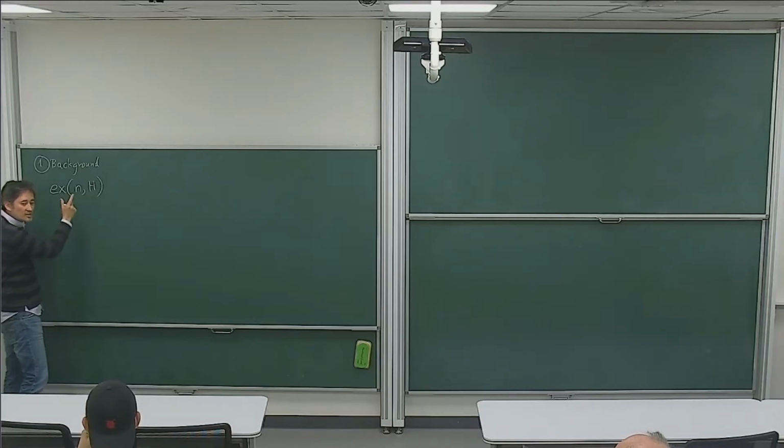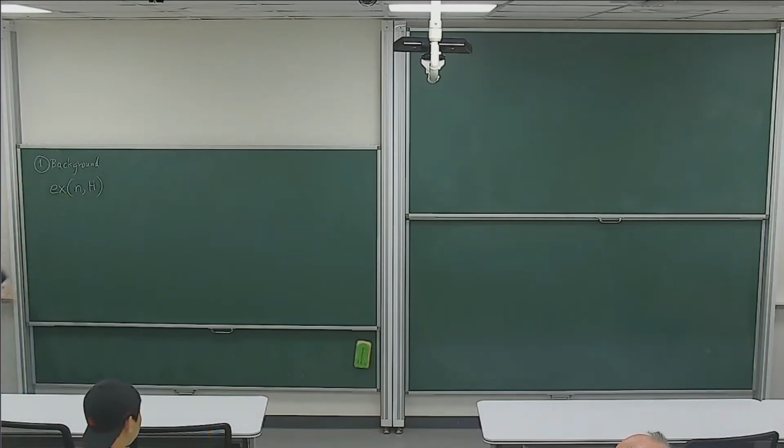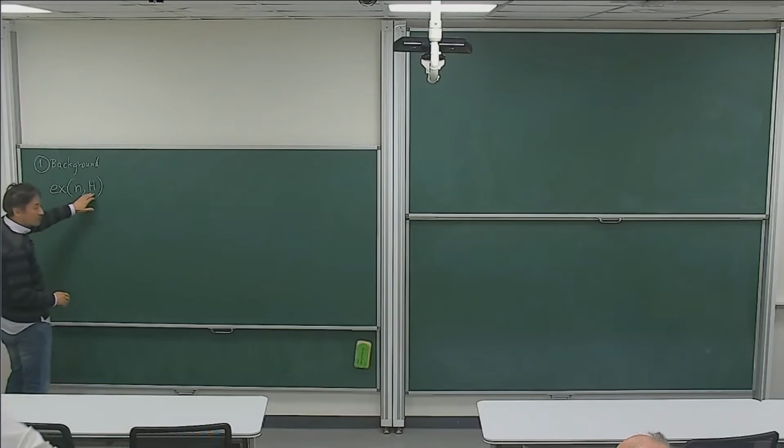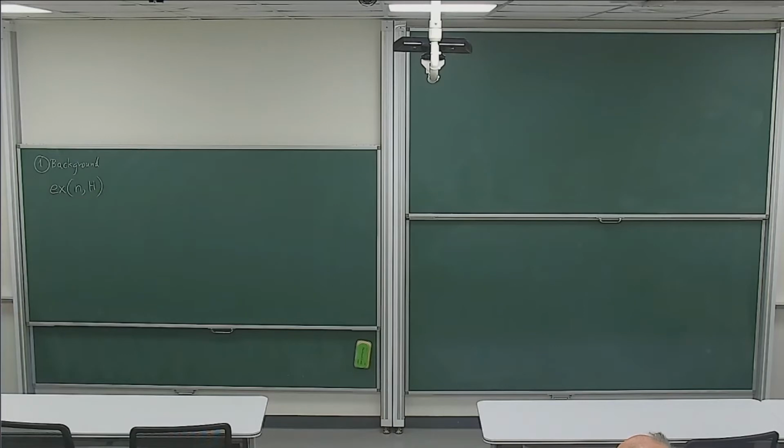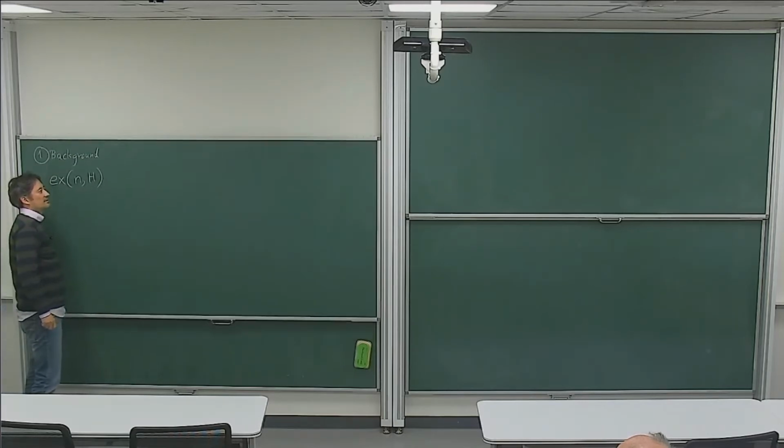So H is a forbidden subgraph. You have n vertices, and it's asking how many edges can you put into your graph on n vertices, while avoiding H as a subgraph. That's one of the classical topics of extremal graph theory.